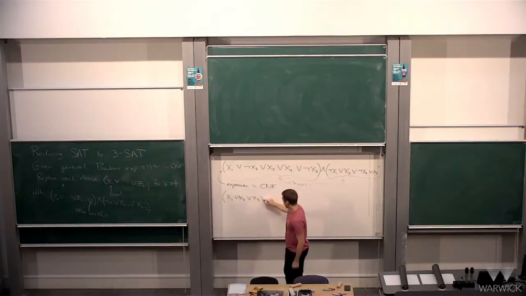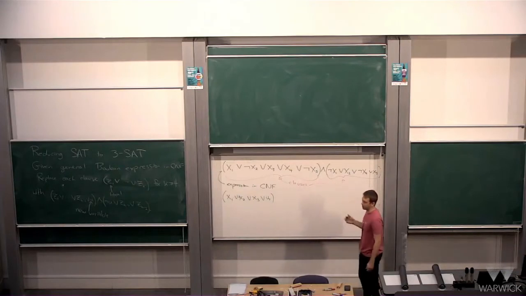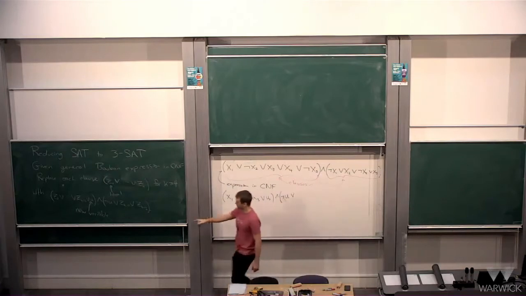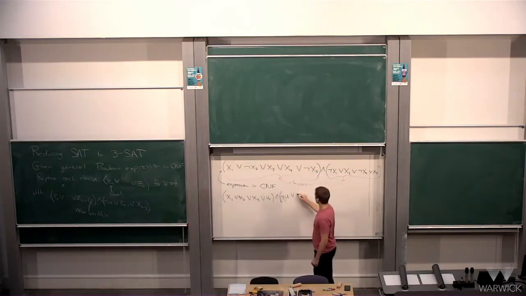And then I put an OR. I make a new variable. I'm going to call it U1 because there's going to be several new variables. Well, there's going to be 2 new variables. And then I have a second clause where I take not U1, and then I do OR, and I take the last 2 elements. So here I'm writing this clause. So X4 or not X5, okay?